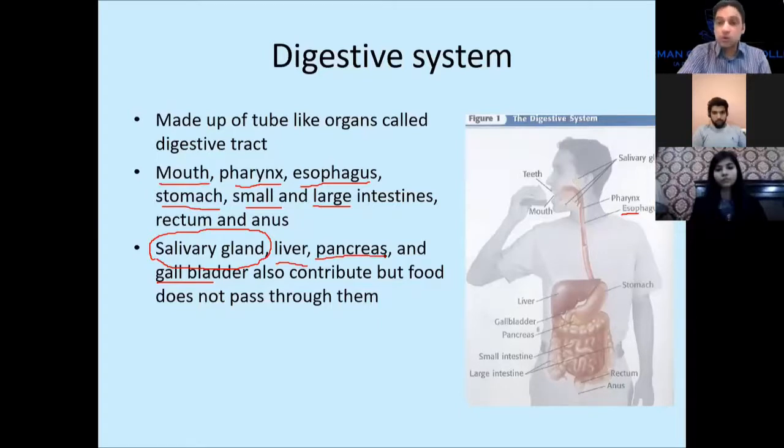Another organ is called the pancreas. It is also associated with the digestive system. There are two jobs the pancreas is involved in. Number one, it is involved in the metabolism of sugar, glucose regulation in the body. That part of the pancreas produces insulin. This is not the topic of the digestive system, but since the pancreas is here, you should know.